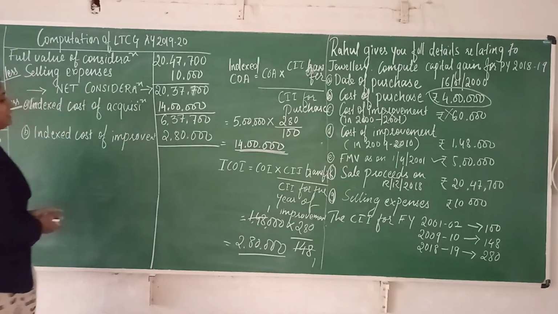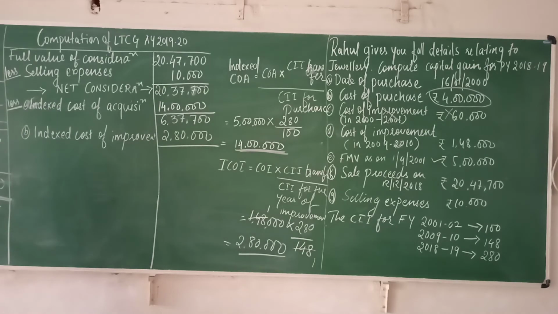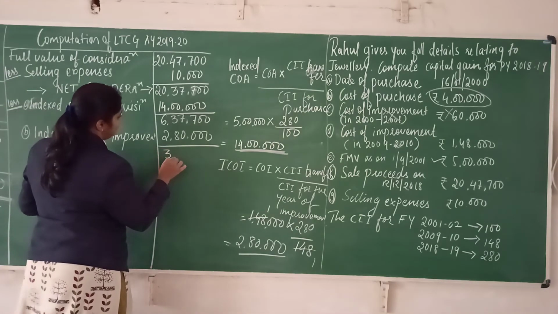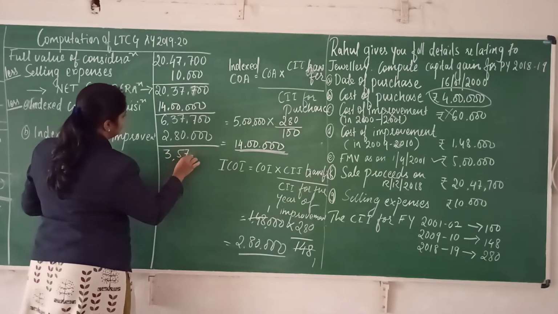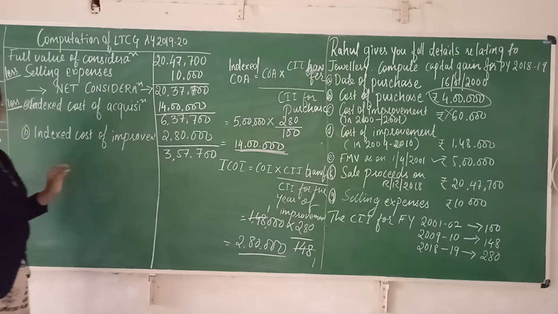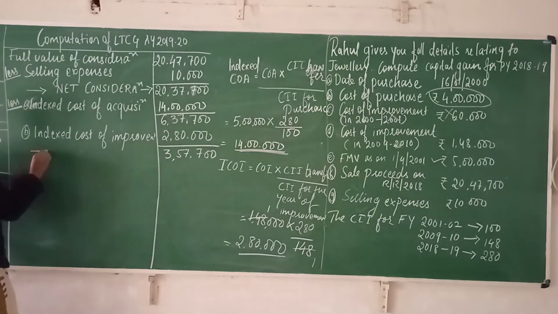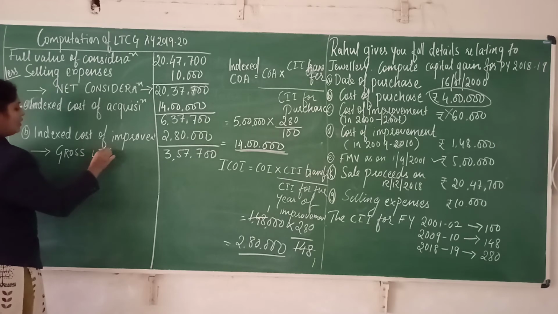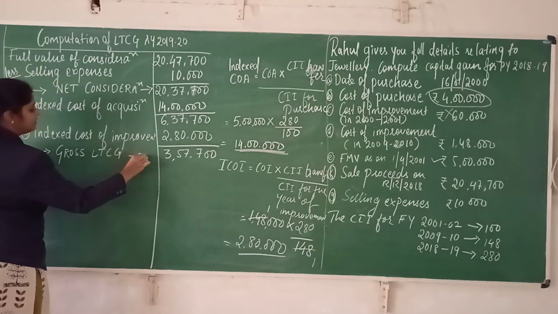Now 6,37,700 minus 2,80,000, we arrive to answer 3,57,700. Right? This answer is known as gross long-term capital gain.